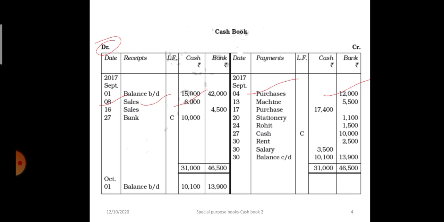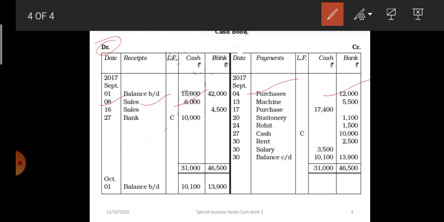September 8th, To Sales, and in the cash column it will be 6,000 rupees.